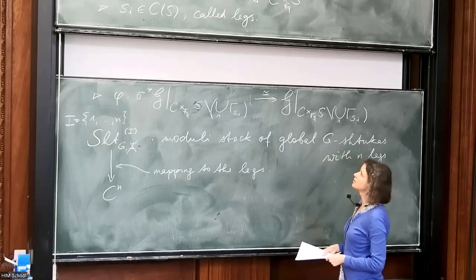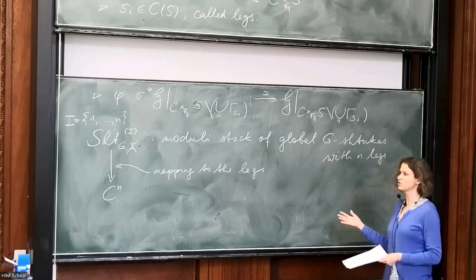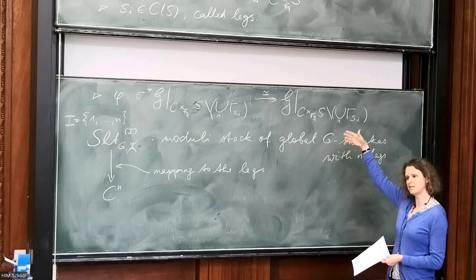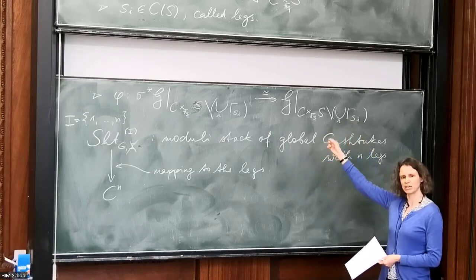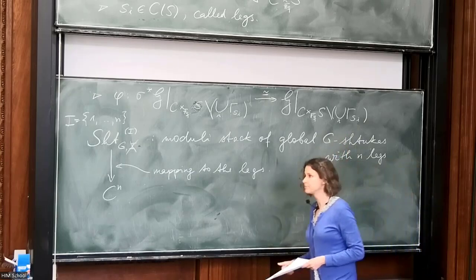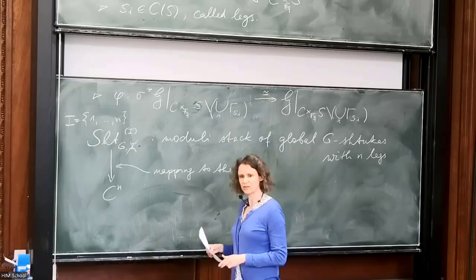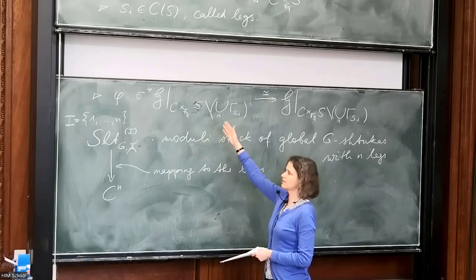Okay, so this is the global situation that we had, and we want to relate it to the local situation. The first thing we do is to construct a global-local functor that assigns to any such global G-Shtuka an n-tuple of local G-Shtukas corresponding to the various legs. I should say a first caveat: we cannot simply start with an object like this. What we have to do is to fix the legs.